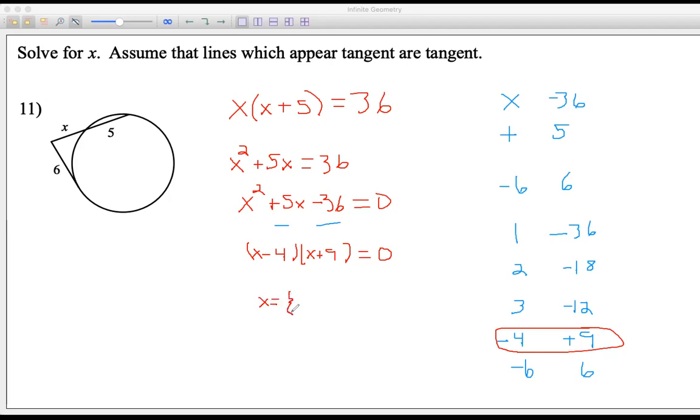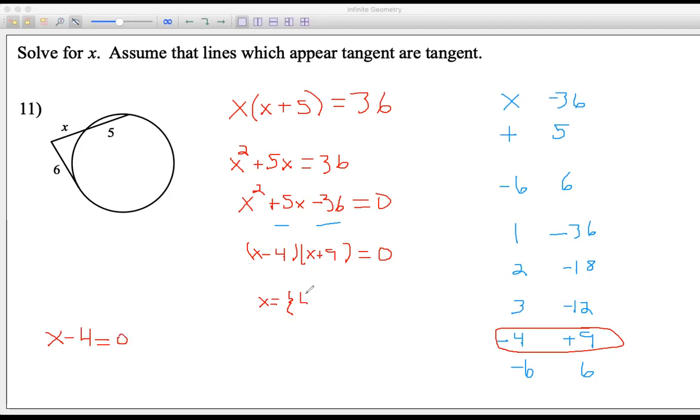What are the two possibilities, Matt? Take the first thing, set it equal to 0. Solve it. If you said x minus 4 is equal to 0 and you solve that, what would you get?